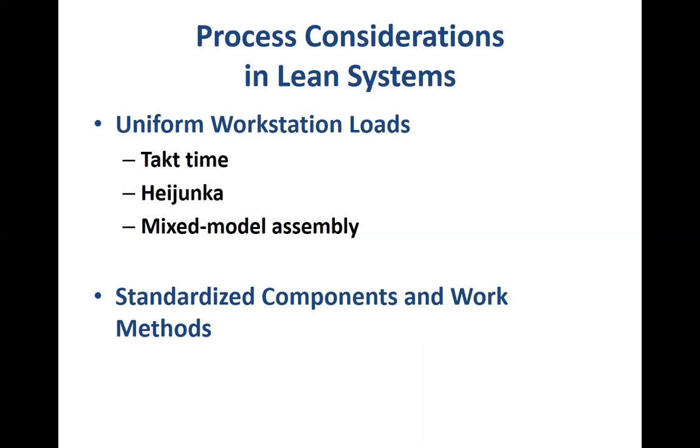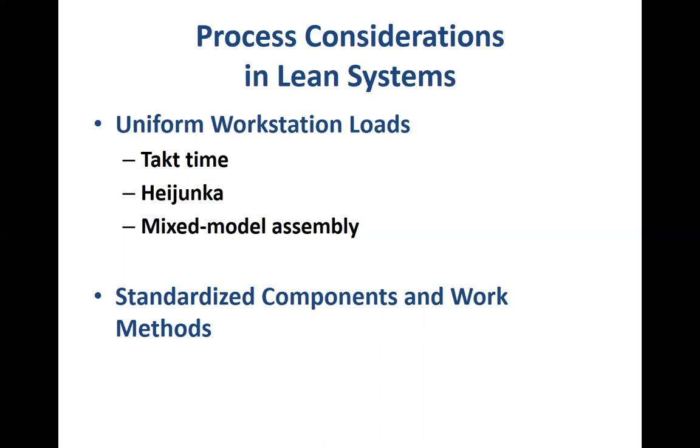Heijunka is a Japanese term which refers to the sequencing of tasks. And in this, organizations are trying to create a uniform workstation load. To do so, they can schedule or sequence the tasks on these workstations in a certain way. And that helps in turn in ensuring that the system is lean.